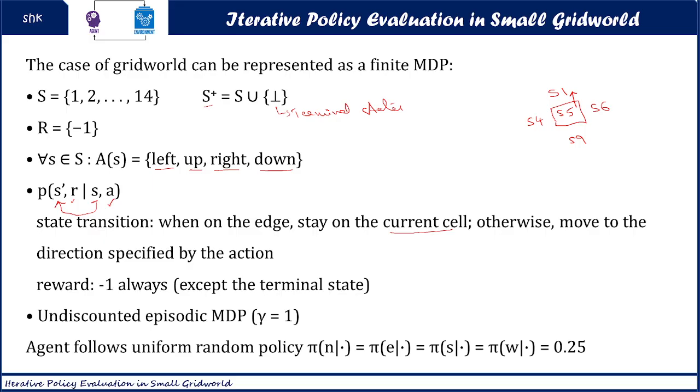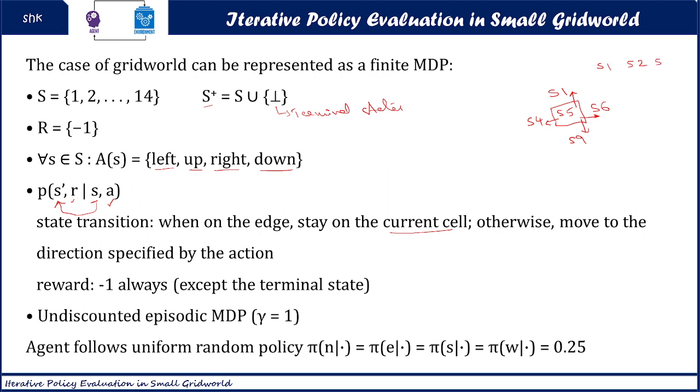If the action is downward, then we are going to move to the S9 state. If the action is left, then we are moving to S4 state. And if the action is right, we are going to move into S6.